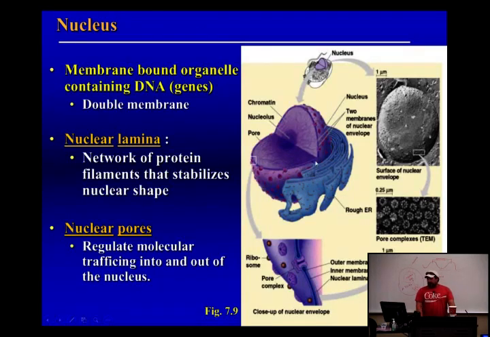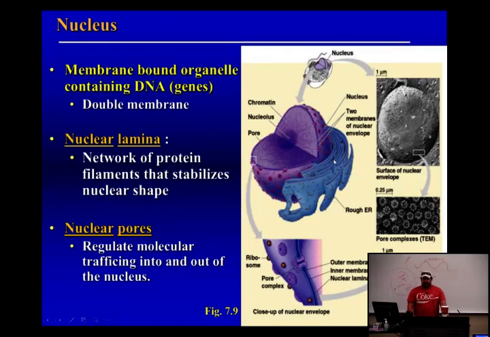And then the outer membrane is shared with the endoplasmic reticulum. I don't know if you can see this or not, but maybe you can later on when you look at this in your book. The inner membrane is here. It's continuous with the pores, and then the outer membrane actually can jut off and form the outer membrane of the endoplasmic reticulum as well.